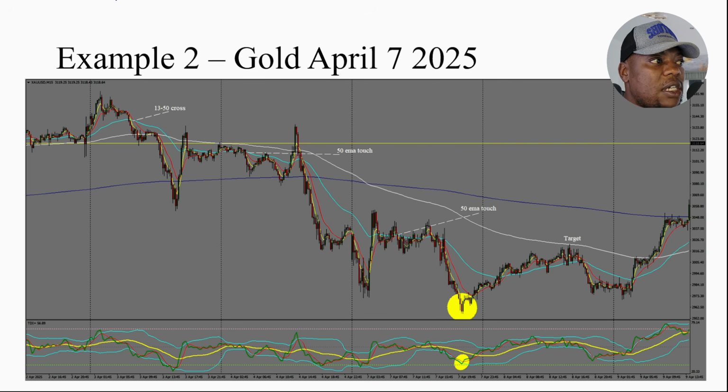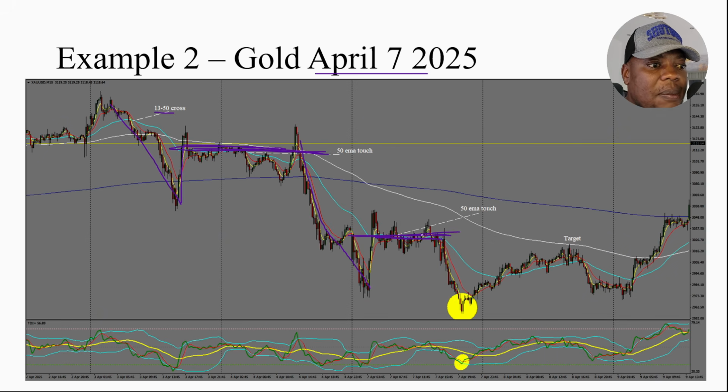So the 13, the one in red, then the 50, the one in blue, crossed over. That is on gold, April 7, 2025. First impulse issued, right? After that, we can see the market come to the 50 EMA, right? Second impulse issued here, and then the market came to the 50 EMA again.